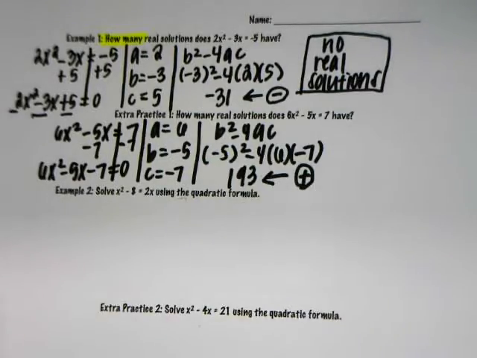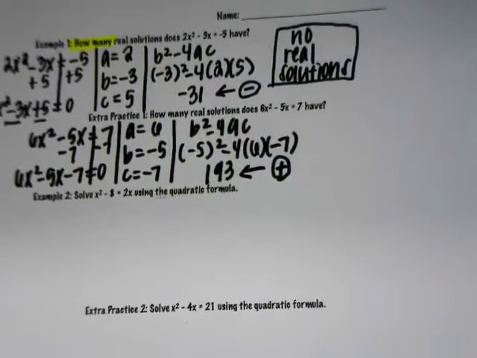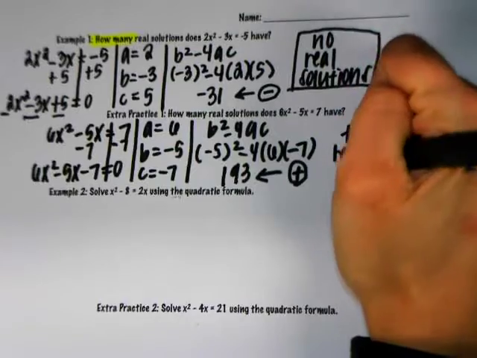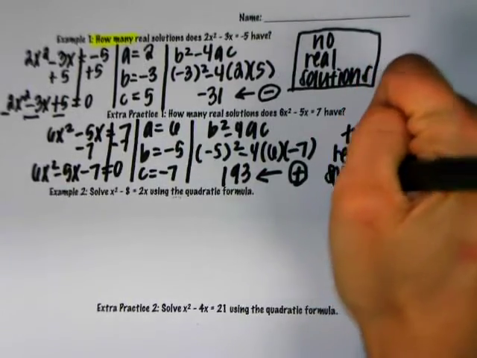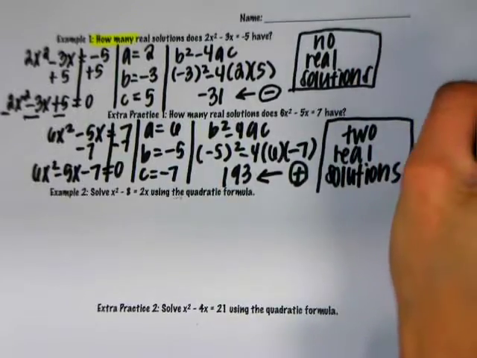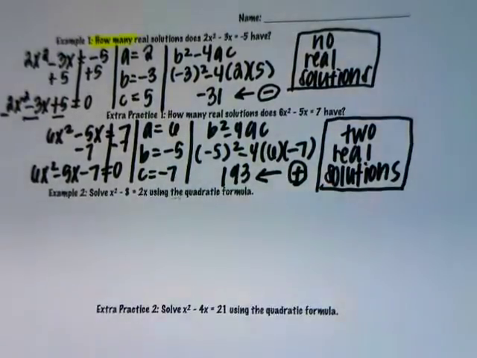You have to make it equal 0 first. So how many solutions? 2, yep, because it's positive. It's that little chart on the first page, right here. It tells you.